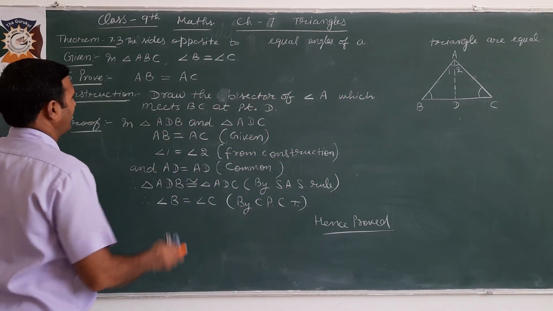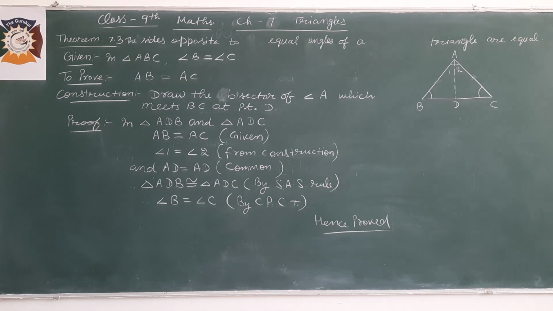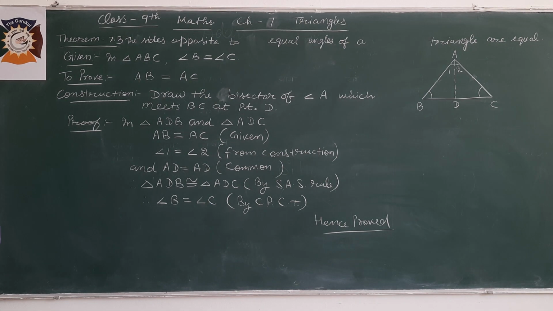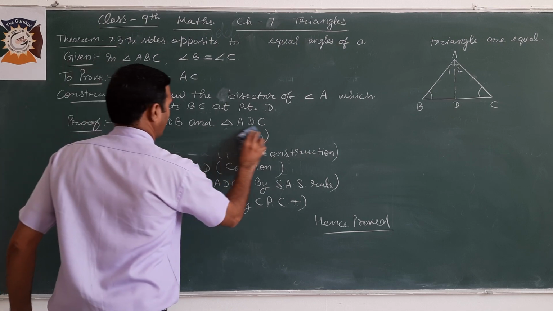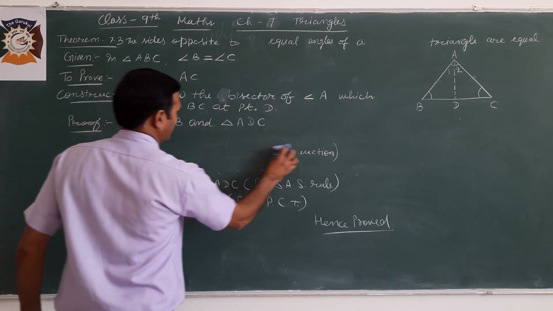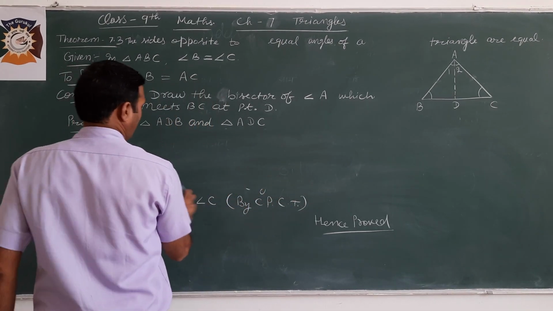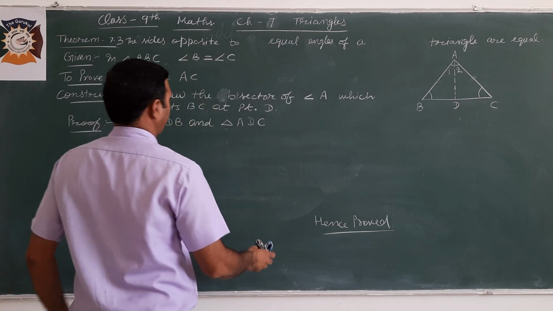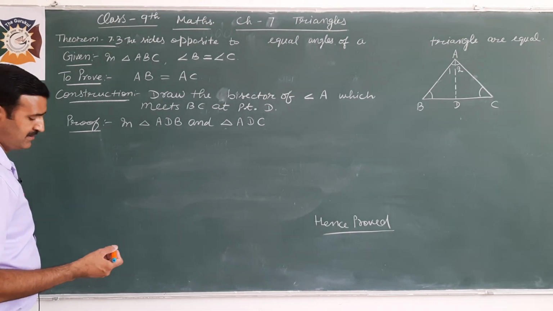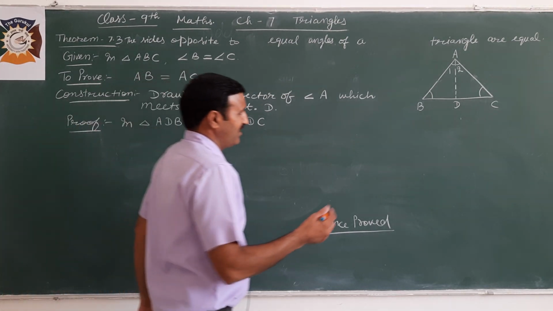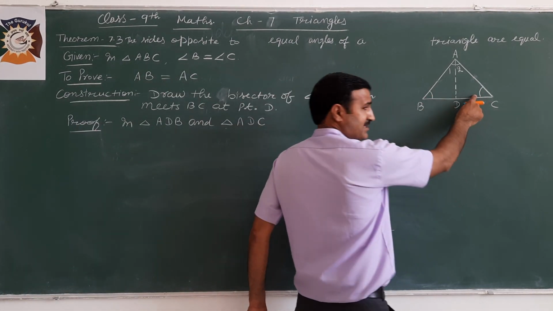Now, in triangle ADB and ADC, I will make changes again in the proof according to the given. Now, look at the figure. This angle is equal to this.